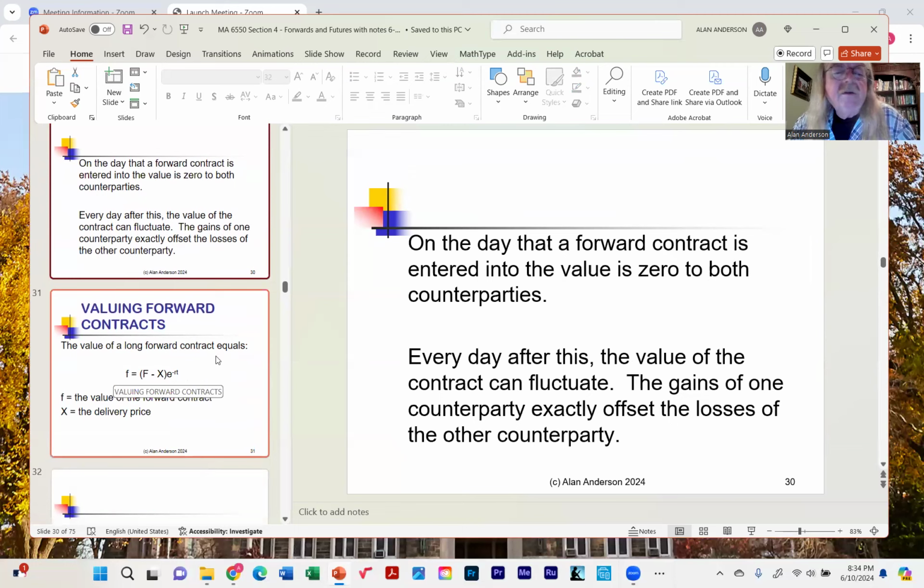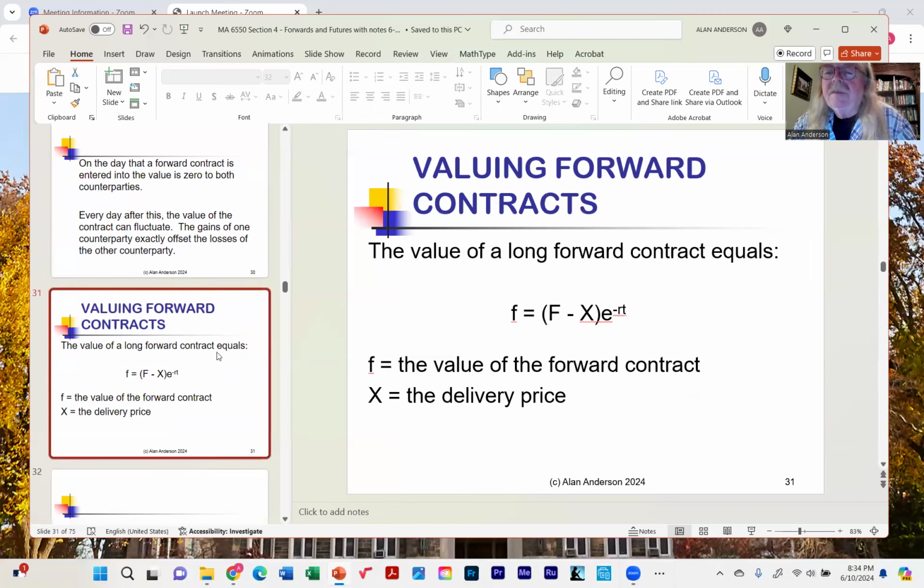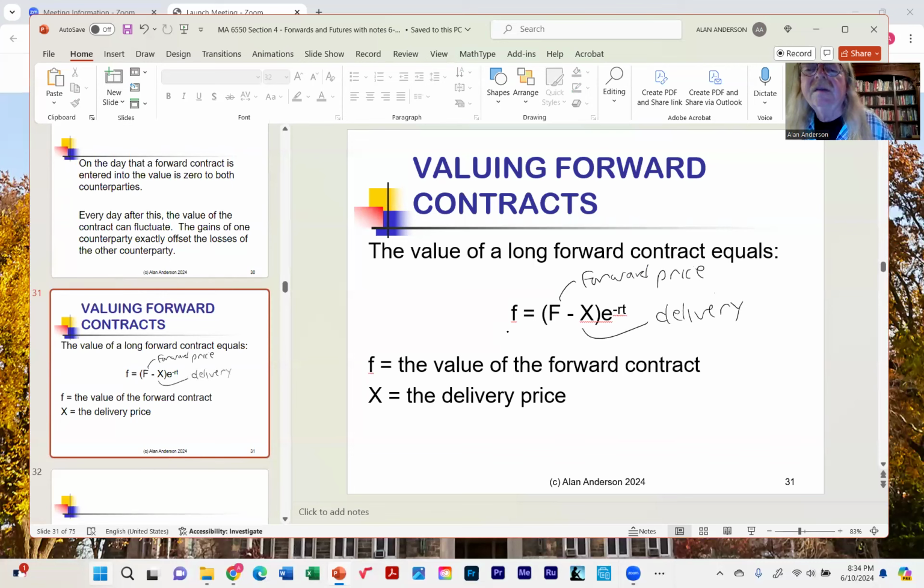So here's the formula we can use to derive this. Now we're introducing lowercase f to distinguish the two. This is the forward price. This is the delivery price, which is never going to change. And this is the actual value of the forward contract to the long position.